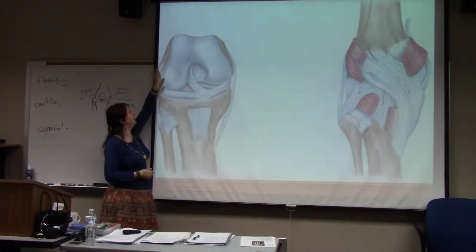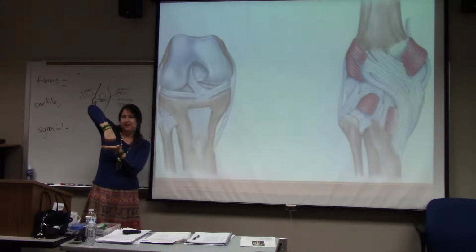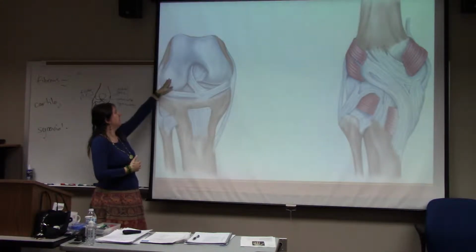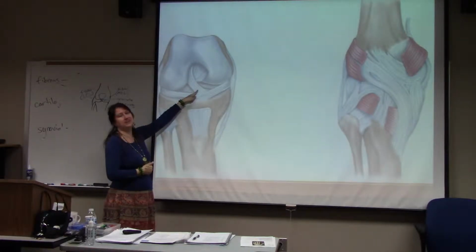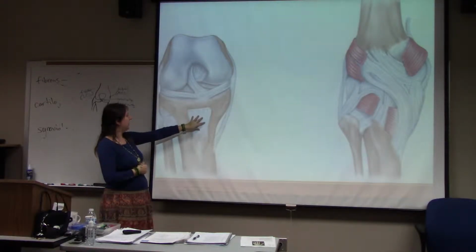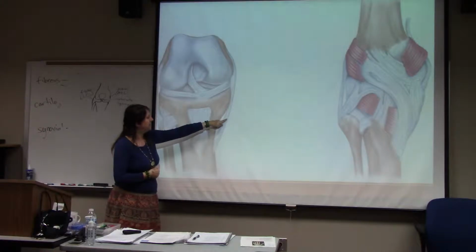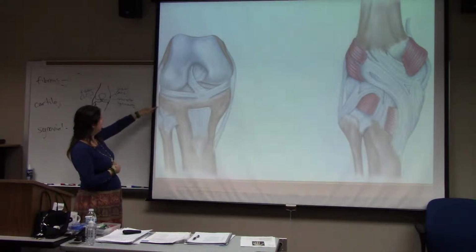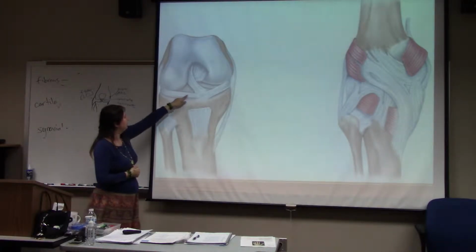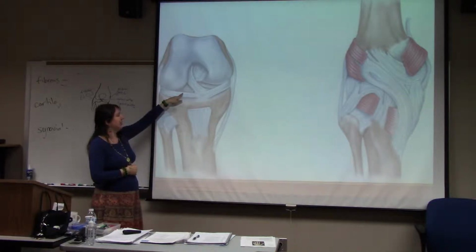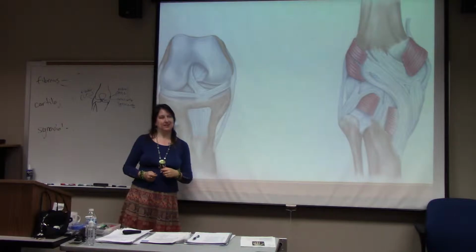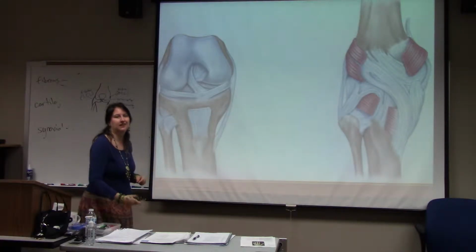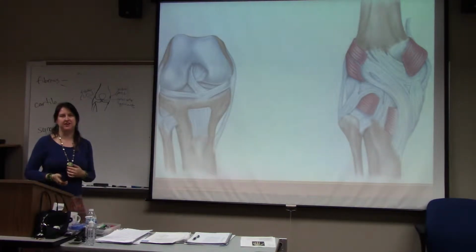So we're looking at the distal or inferior surface of the femur here. We can see anterior and posterior cruciate ligaments there, patellar ligaments, medial collateral, lateral collateral, and then this is the menisci. And again, lateral and medial meniscus. Questions on knee structure?